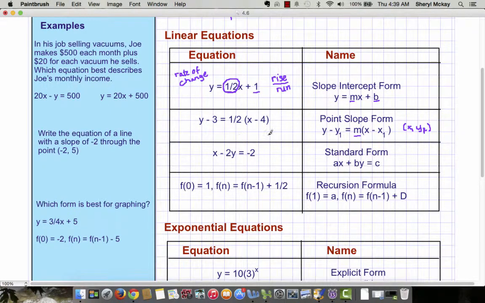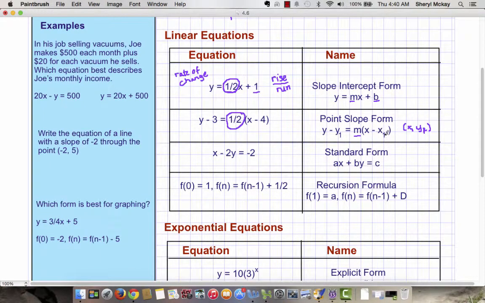So looking here at our equation, where is the slope? Tell me, what's the slope? Yes, it's right here, isn't it? The 1/2. Again, the slope means the rise over the run, the rate of change, equal differences over equal intervals. And where is the point that is represented by x1 and y1?